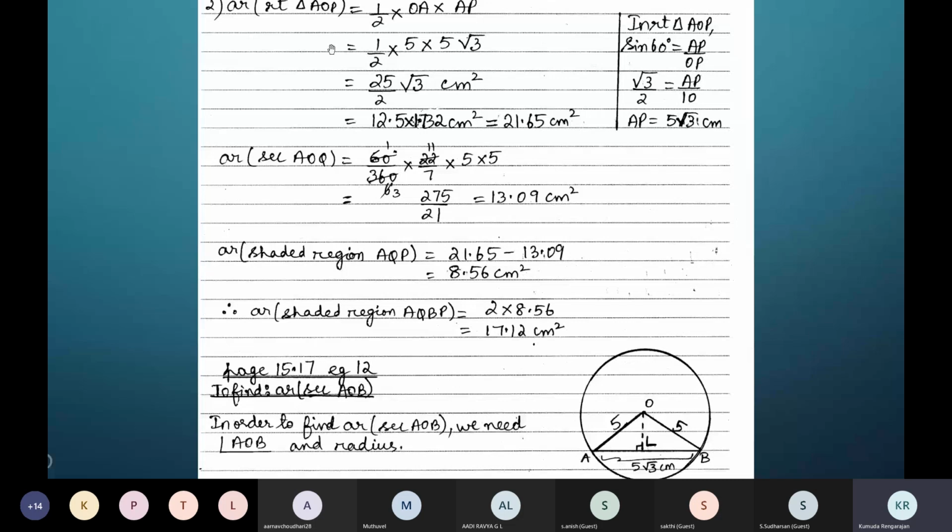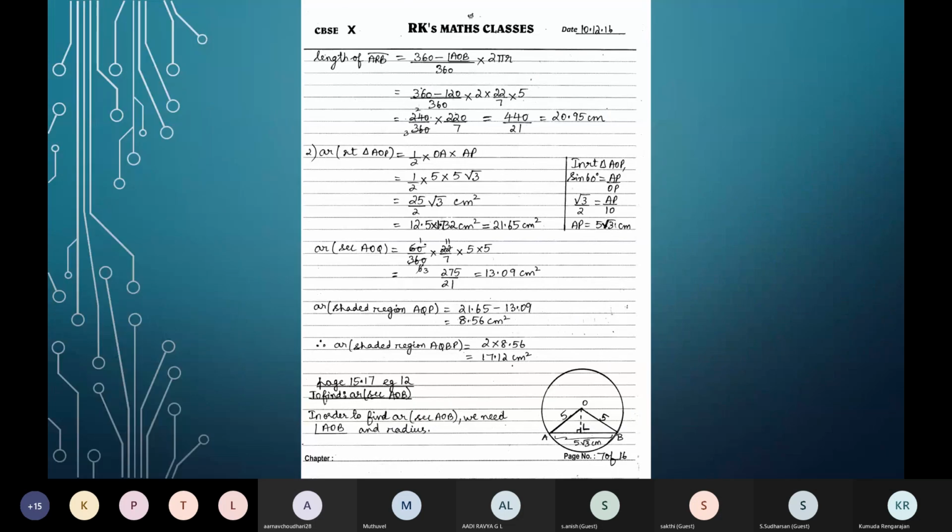So what you see here is I've found the area of the triangle, only one triangle, and found the area of the sector with angle 60 degrees, and found the area of half of the shaded region. Then double that answer to get the area of the shaded region. Is that fine? Yes, ma'am. Okay, ma'am. All right.